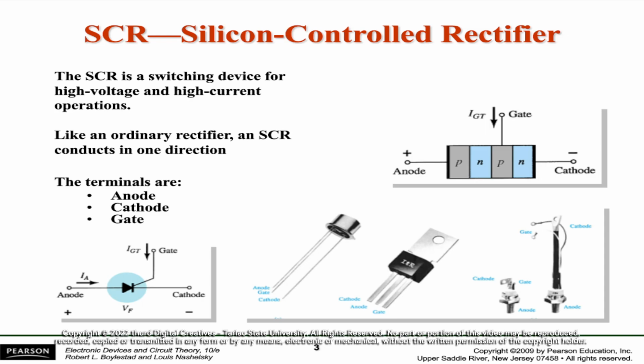So, the basic operation of SCR is different from fundamental two-layer semiconductor. Okay? Yung two-layer semiconductor natin, meron tayong anode, cathode. Dito meron tayong third terminal we called a gate. Okay? This determines when the rectifier switches from open to short.